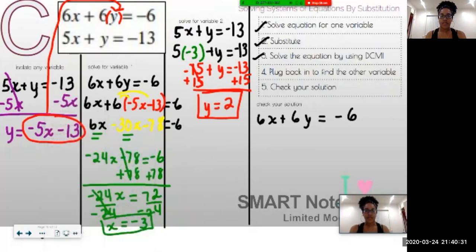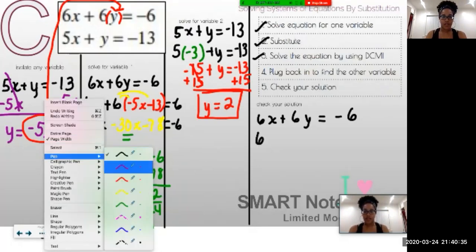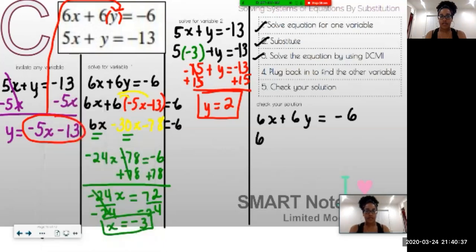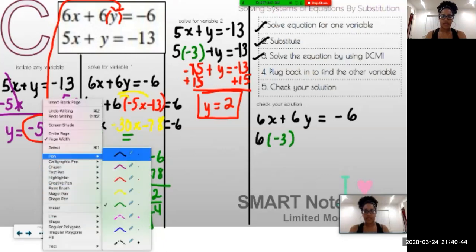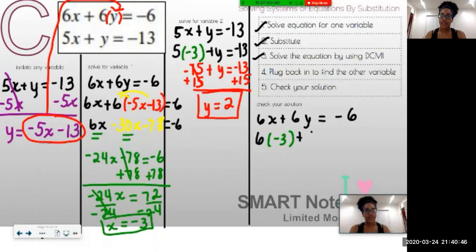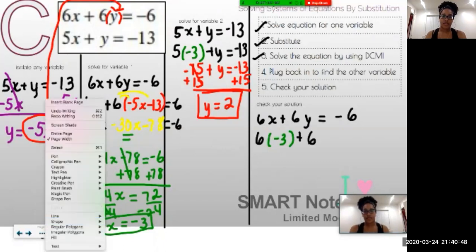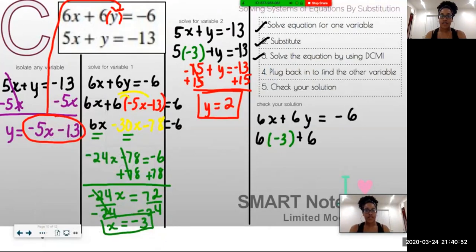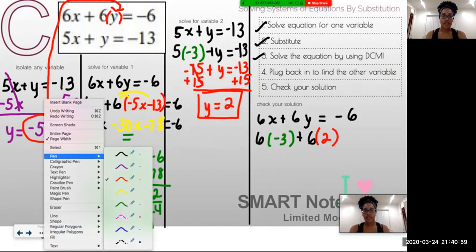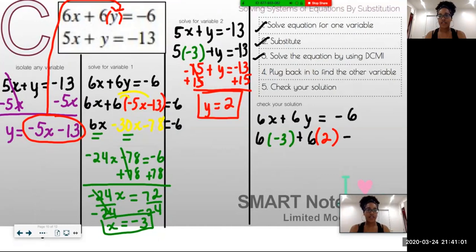So 6, we determine that x is negative 3. Plus 6. We determine that y is positive 2. And we're hoping that that answer is equal to negative 6.